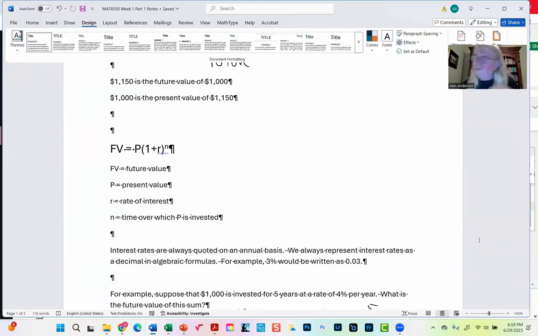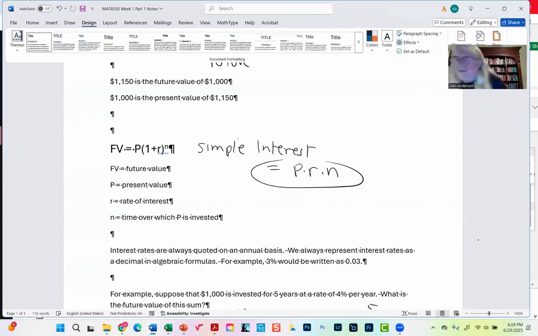So in other words, the simple interest using this notation would be P times R times N. That's all it is. Okay. Whatever's left over is your compound interest.